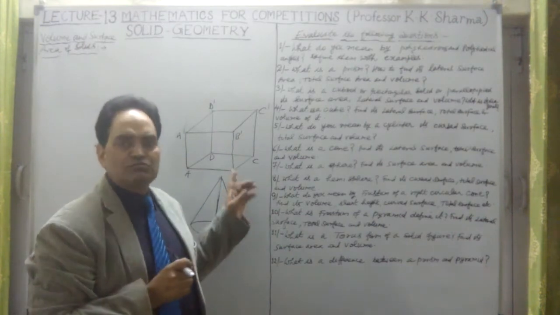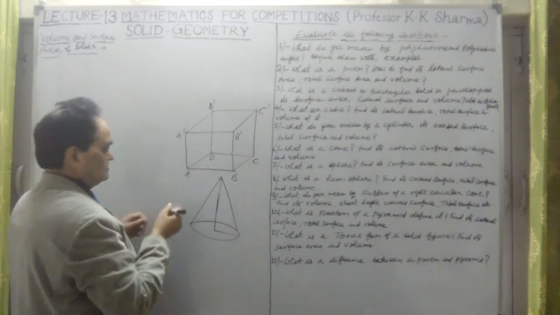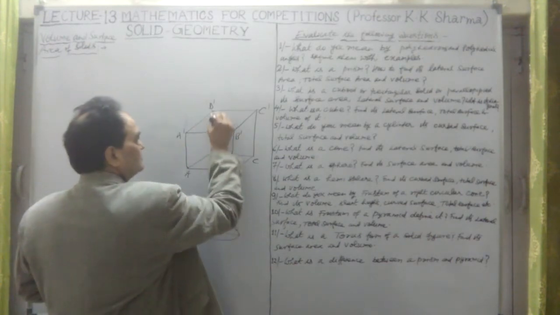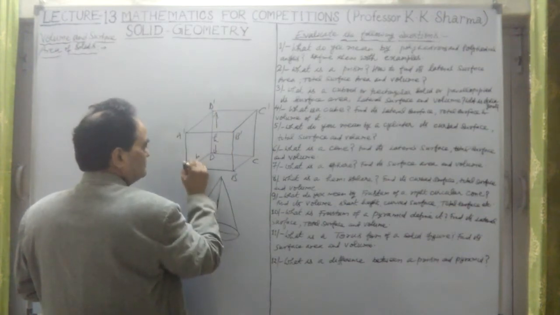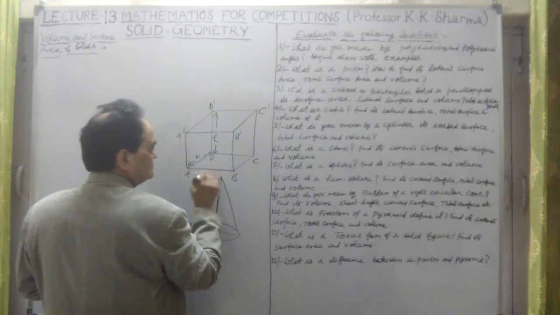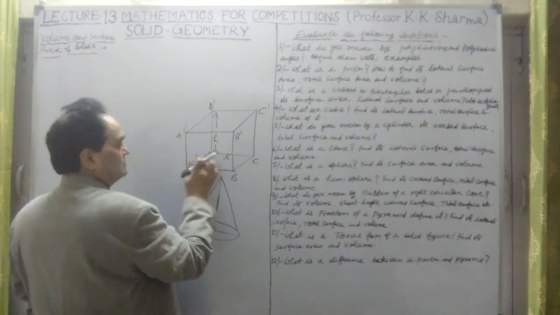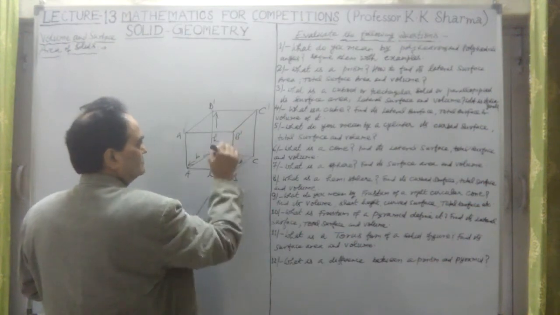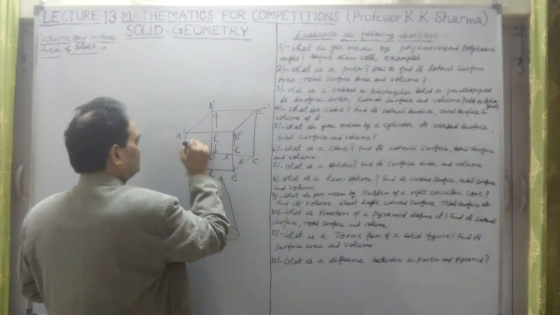This is a cuboid or parallelepiped type of figure. In this case, this is the height of this, this is the breadth of this, and this is the length, L. Length and breadth. This is breadth, and this is height. This is also height.